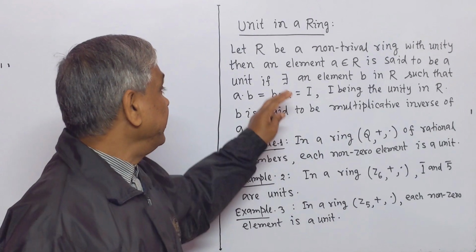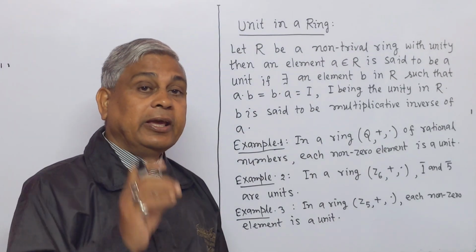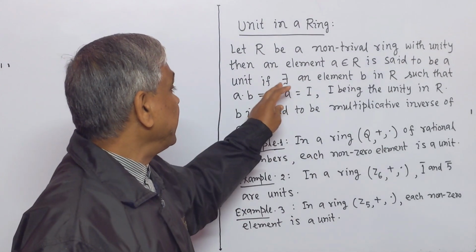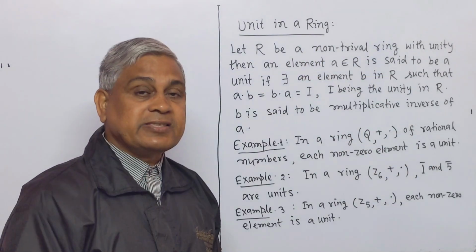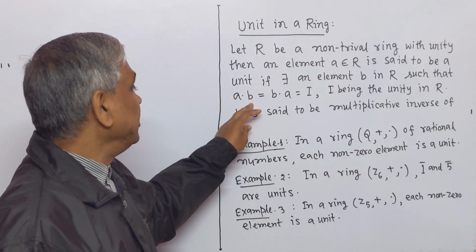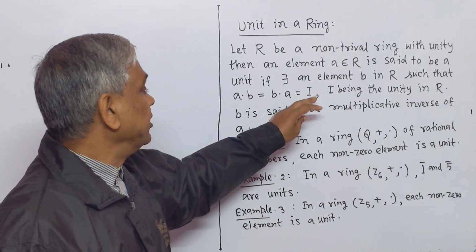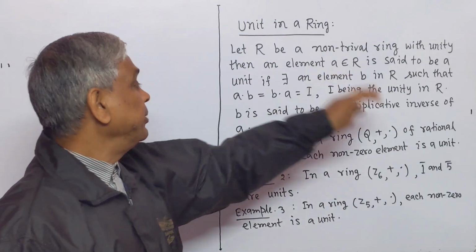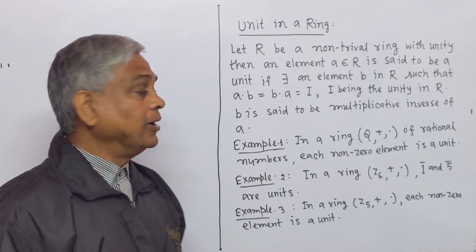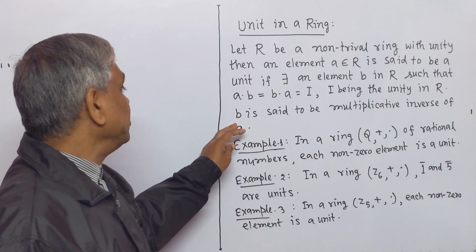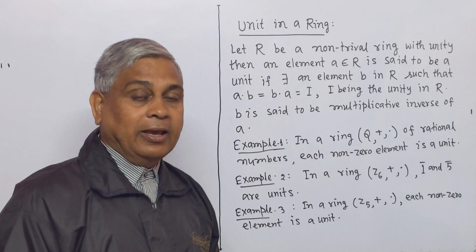Then an element A belongs to R is said to be a unit if there exists an element B in R such that A multiply B equal to B multiply A equal to I, I being the unity in the ring R, and B is said to be multiplicative inverse of A.